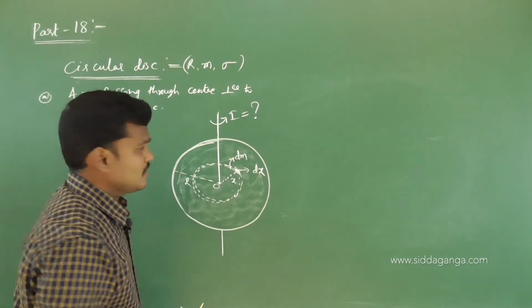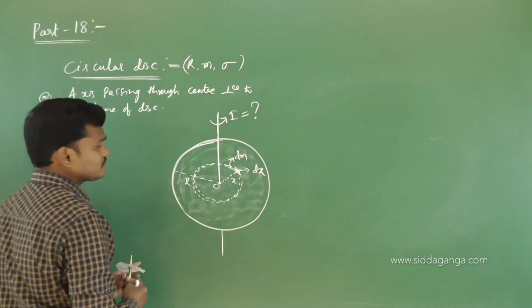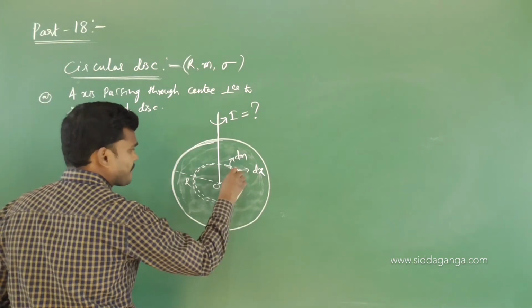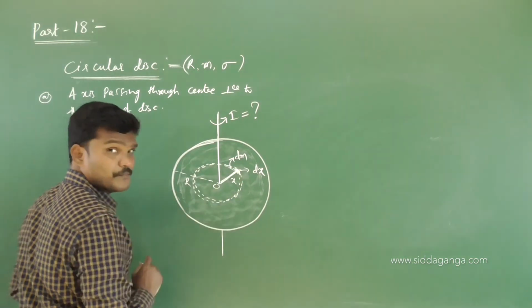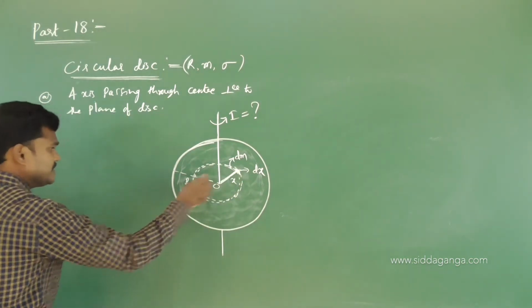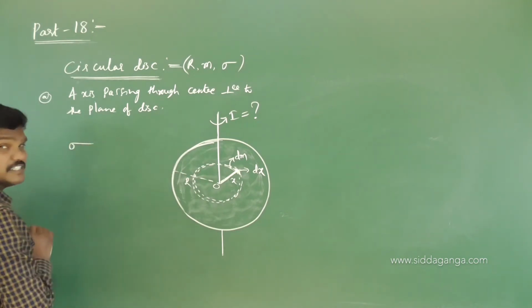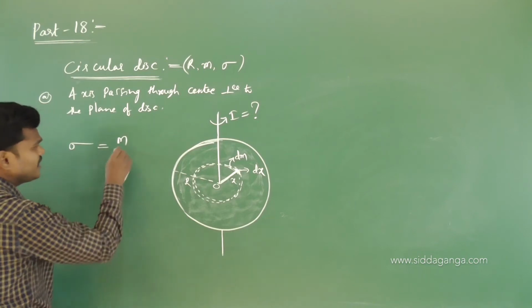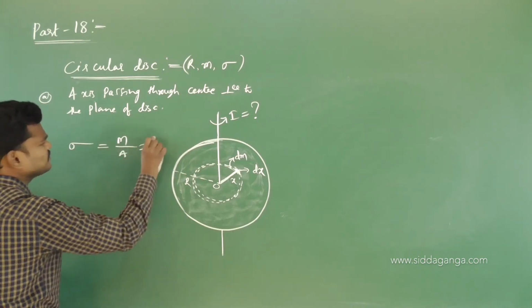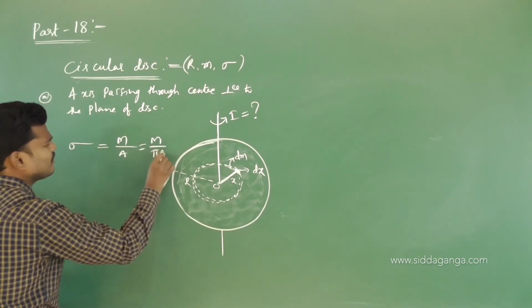Thickness is dx, mass is dm. This will have surface density sigma. Surface density is mass by area. What is the area? Pi r square.